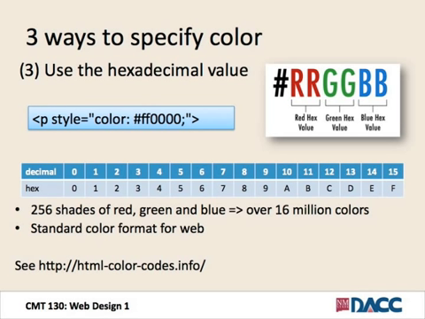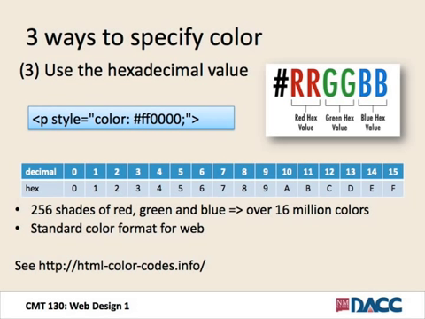The final option is to specify the hexadecimal value. The format for the hex value is a pound sign followed by 6 numbers or letters. The first 2 digits represent the red value, the second 2 the green, and the third 2 the blue. Hexadecimal is a base 16 number system. So 00 means no color and FF means fully saturated color.